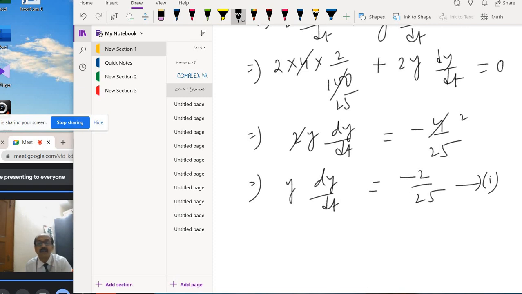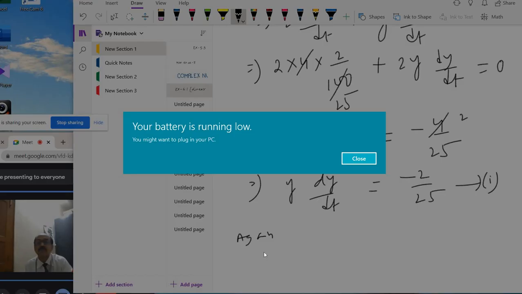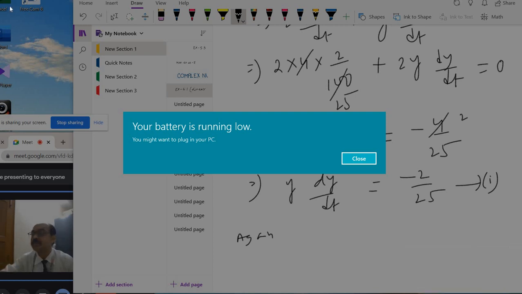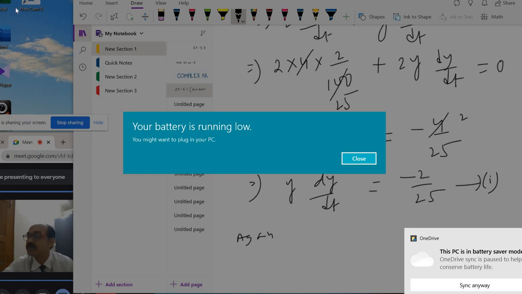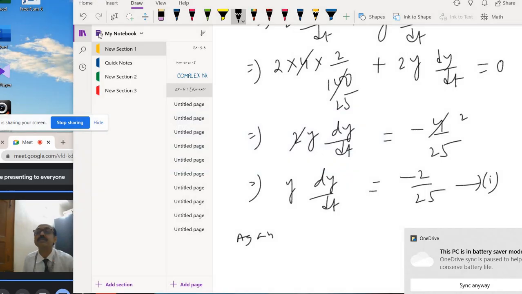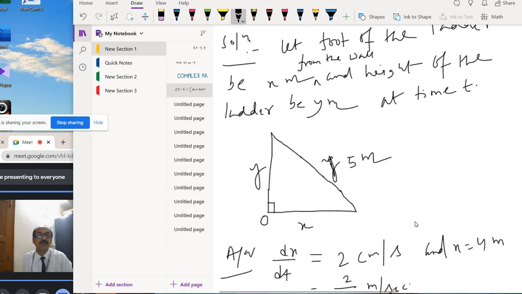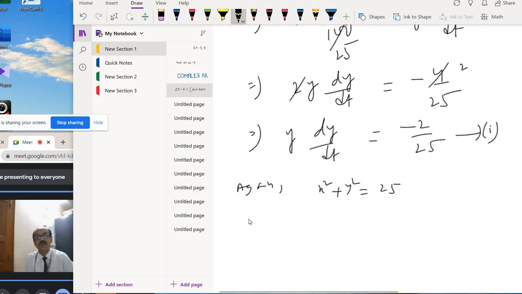And then it is given the x value. Again x square plus y square equal to 25, and it is given x equal to 4.